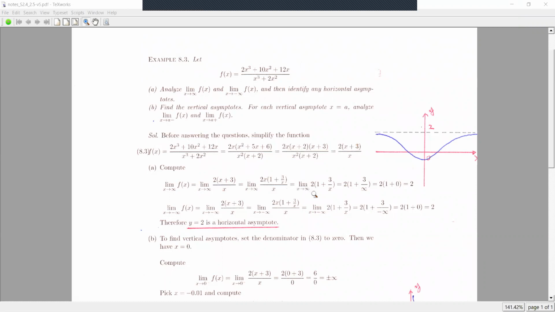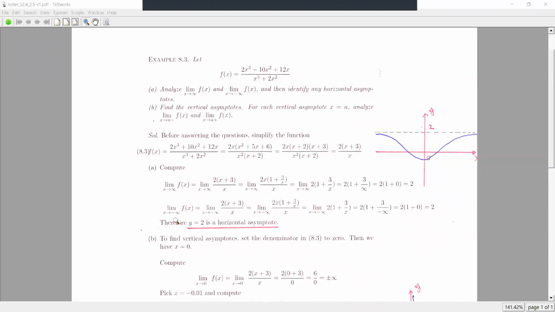As x approaches positive infinity, 3 over x approaches 0. So this limit is this number. This number is 2. Therefore, the horizontal line passing 2 is a horizontal asymptote.